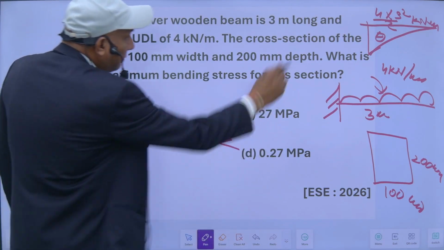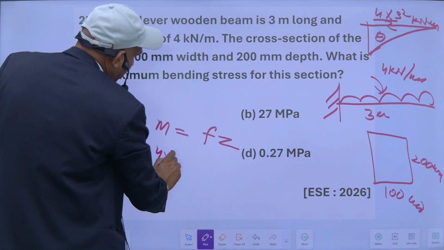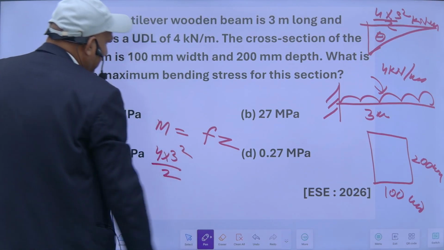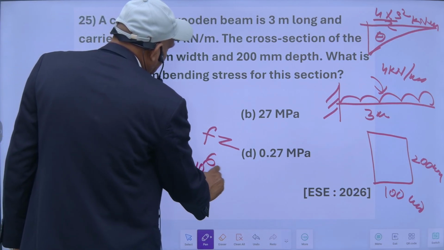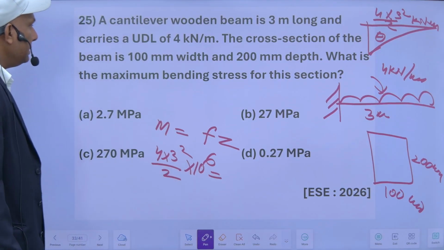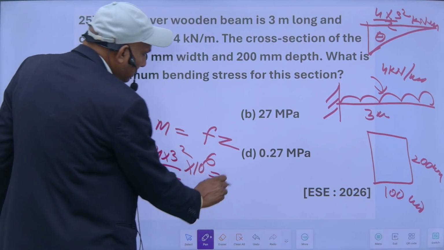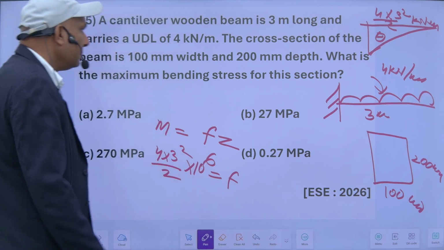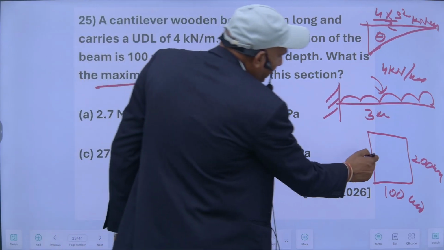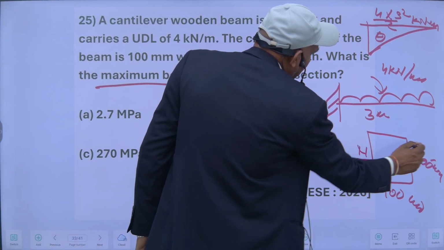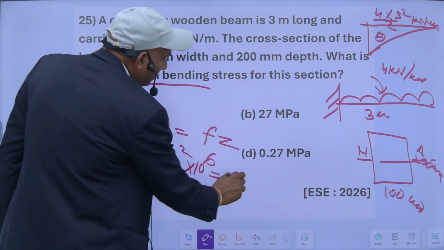So M is 4 into 3 square by 2 kilonewton meter, multiplied by 10 to the power 6 is Newton mm. This is equal to F, the bending stress, which I have to find, into Z. Z is the section modulus. Section modulus about the neutral axis will be BD square upon 6.